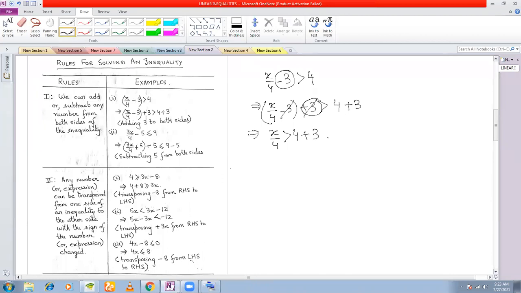So any number can be added or subtracted from both sides of the inequality. Let us consider this inequality: 3x by 4 plus 5 is less than or equal to 9. Now I want to remove this 5.